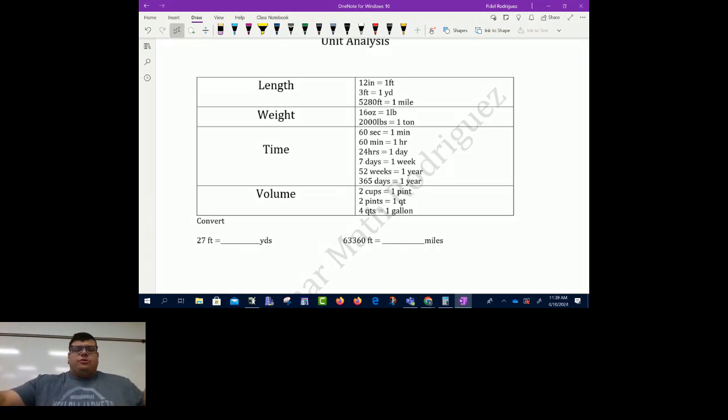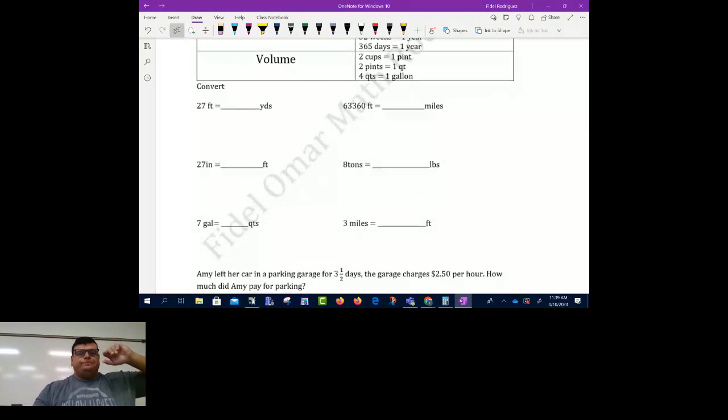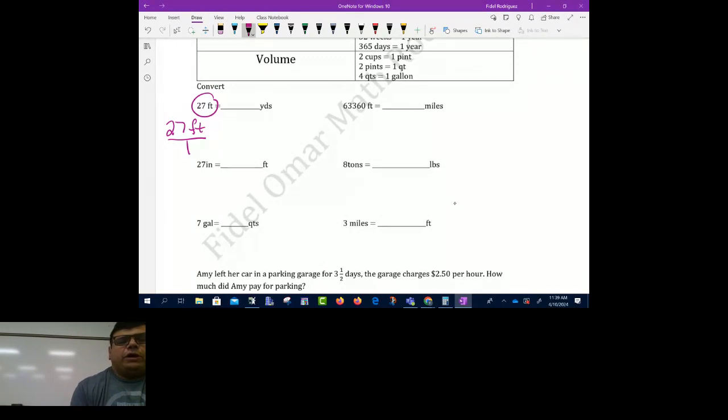So what I'd like to do here is figure out how to go about each of these problems. The first thing I'm going to do with every one of these problems, I have 27 feet, so I'm going to write 27 feet. I'm always going to write it over 1. And I'm going to multiply it by a fraction. I want my answer to end up in yards.